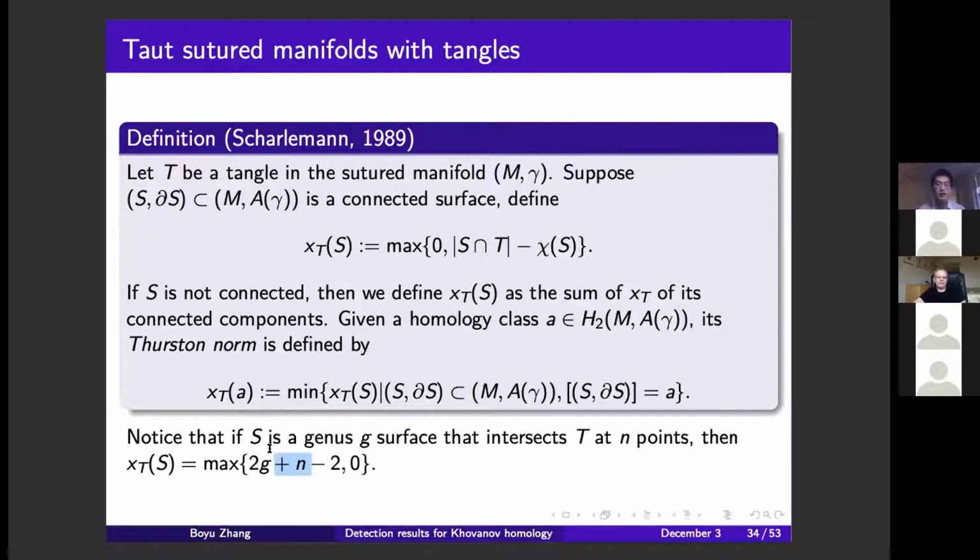And notice that this 2g plus n minus 2 is exactly the same number as the eigenvalue of mu sigma that we were taking previously in the excision theorem. So in fact, most of the proof of the results is based on this coincidence, where we have this 2g plus n minus 2 can be exactly extracted from the eigenvalue of the mu map in the instanton Floer homology group.